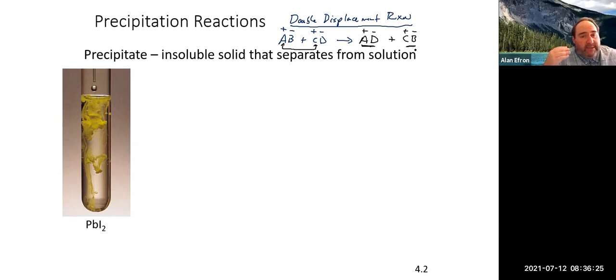You have to predict what the formulas are on the right-hand side, and then balance it. Very often people end up with the wrong formulas on the right-hand side because they're trying to balance it and write the formulas at once. So keep in mind, as we talked about last time, that it's important to do it in that order: correct formulas, and then balance.